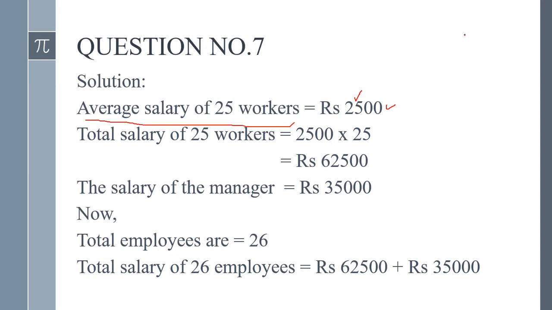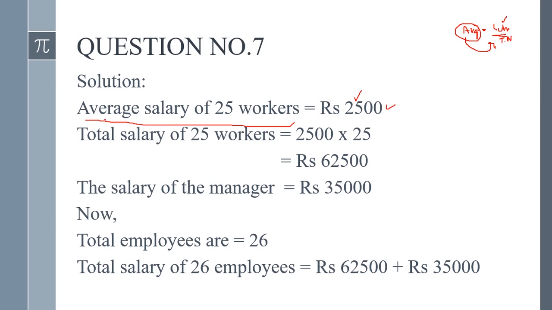Because mean, or you can say average, is sum over total number. If we have the average salary, now we need to calculate the sum, the total salary, so we need to multiply this average with this total number so that we get the sum of all the individual salaries.